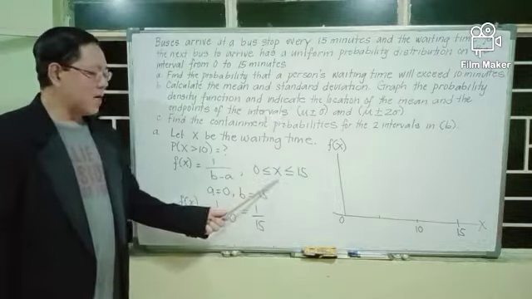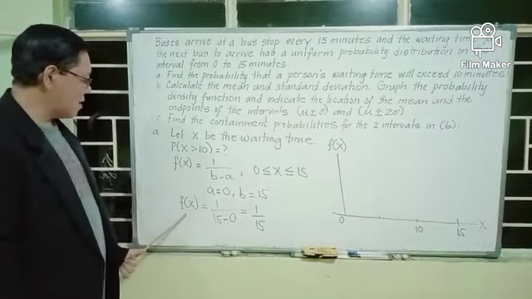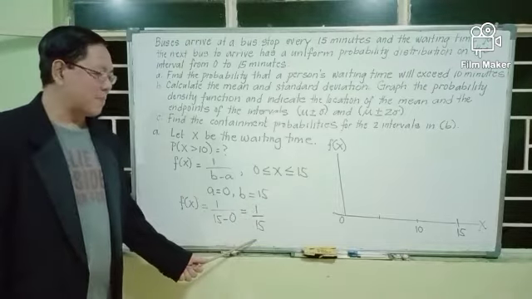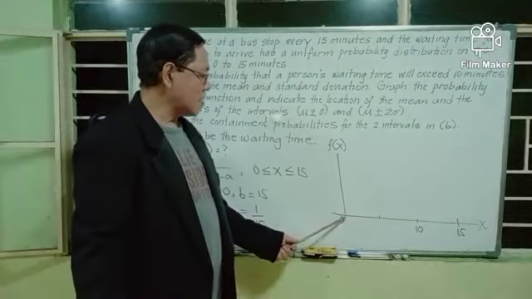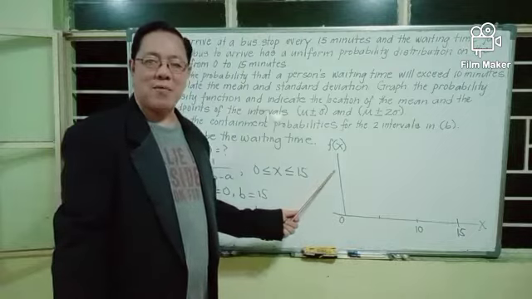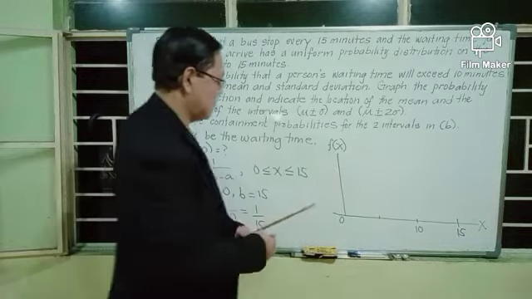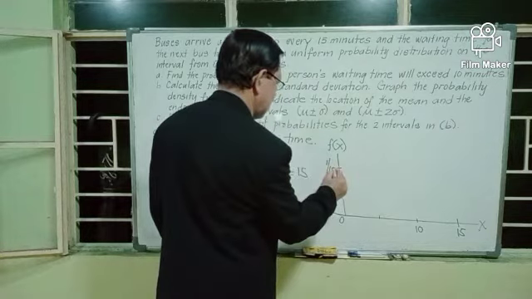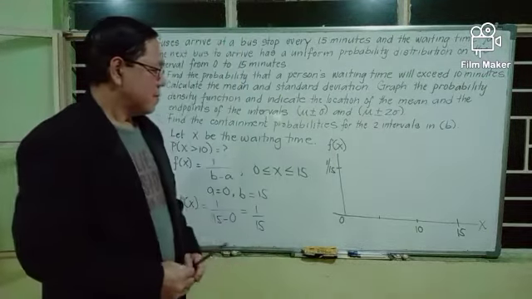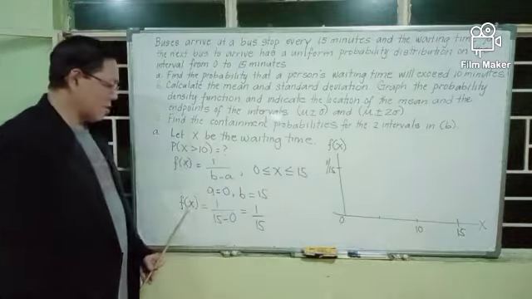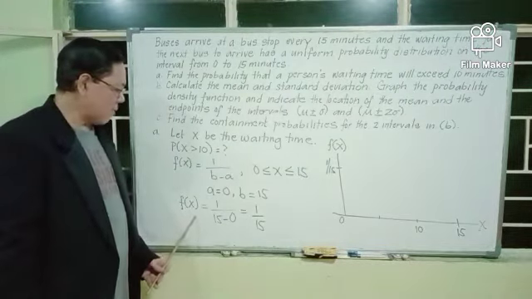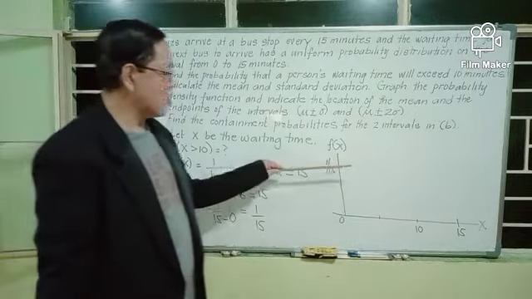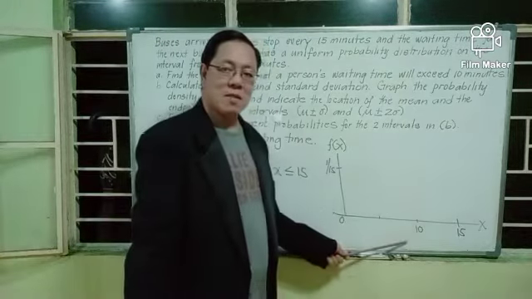This means that for any value of x, the value of the density function f of x is always a constant 1 over 15. When x is 0, the value of the density function f of x is 1 over 15. And if we sketch the graph of this function f of x, which is equal to 1 over 15, it will be a horizontal line parallel with the x-axis.